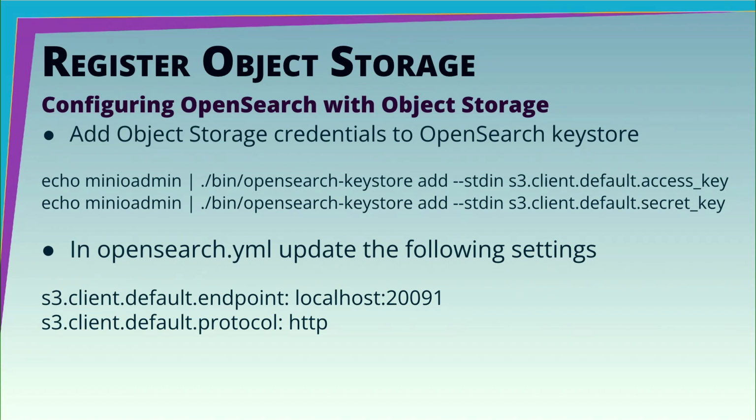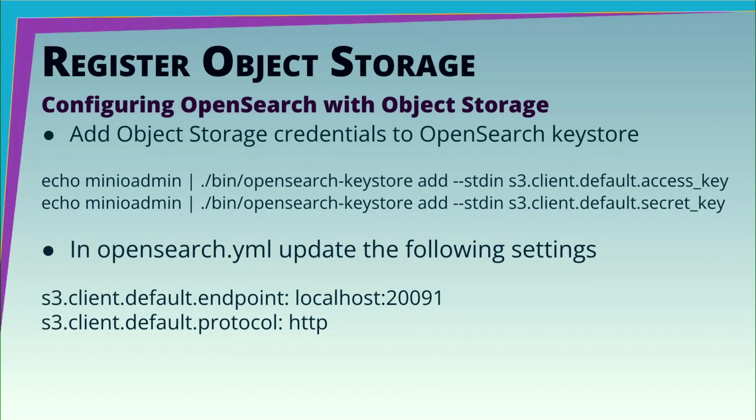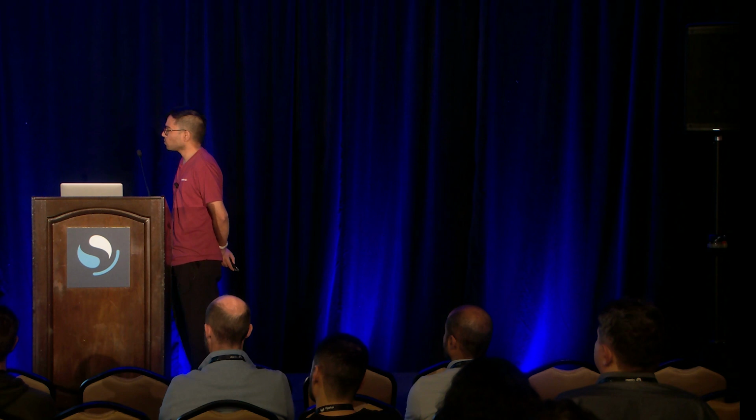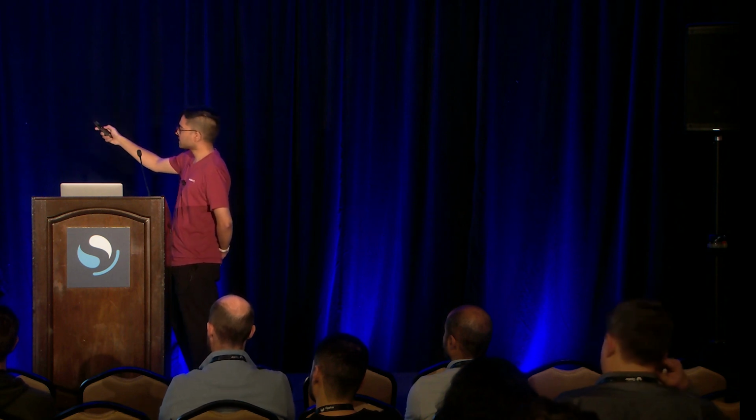And then we also need to set the endpoint to point to the Docker instance here. So localhost 20091, that's what will point it here. And then the protocol, in this case, I chose HTTP, but in production, I'd recommend HTTPS. But the goal is once you have the configuration set up, there's one more step.